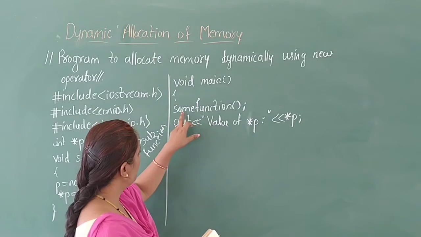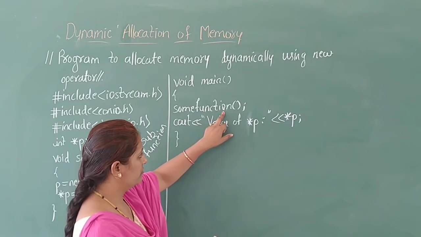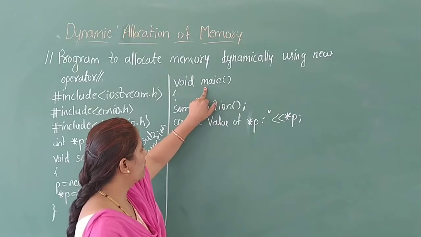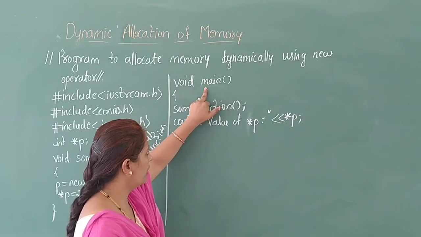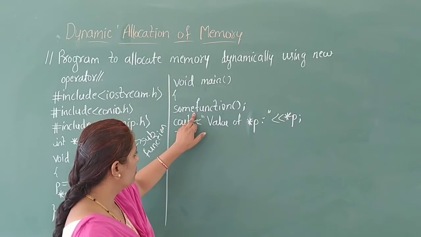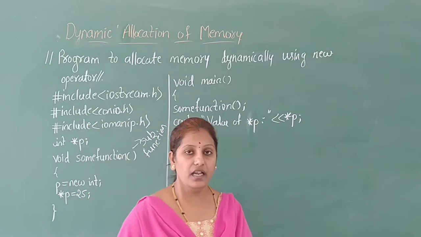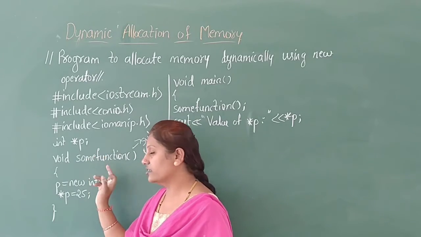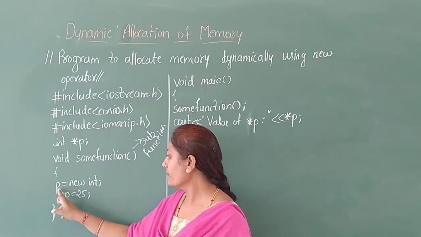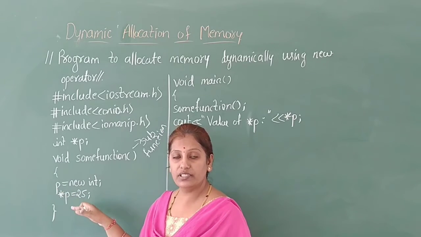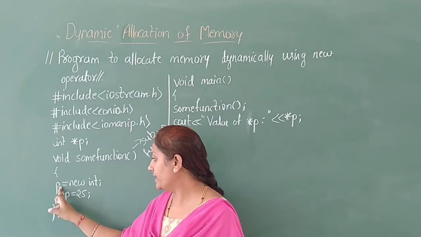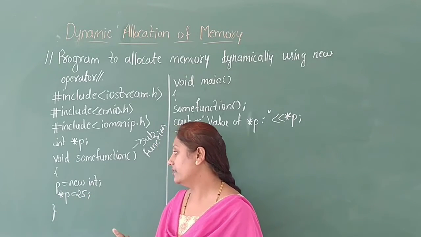In the main function, the sum function is a sub function. It is called by the main function. When the sum function is called, the control directly goes to the sum function where it is defined in the program and executes the following statements. First, the statement p = new int.